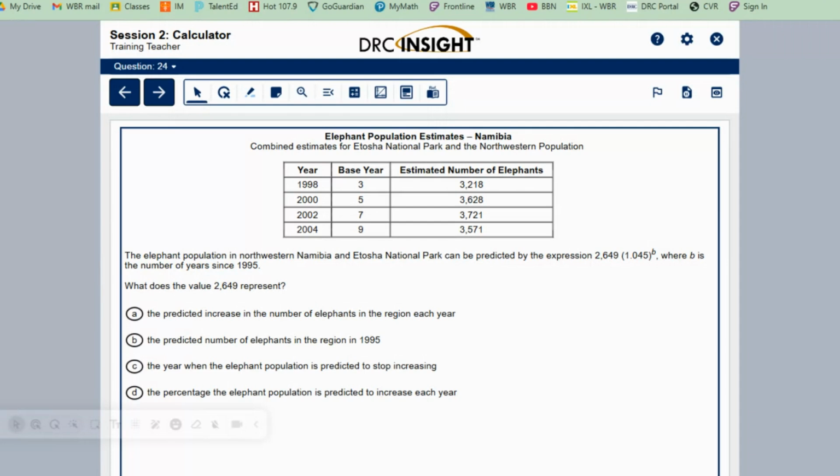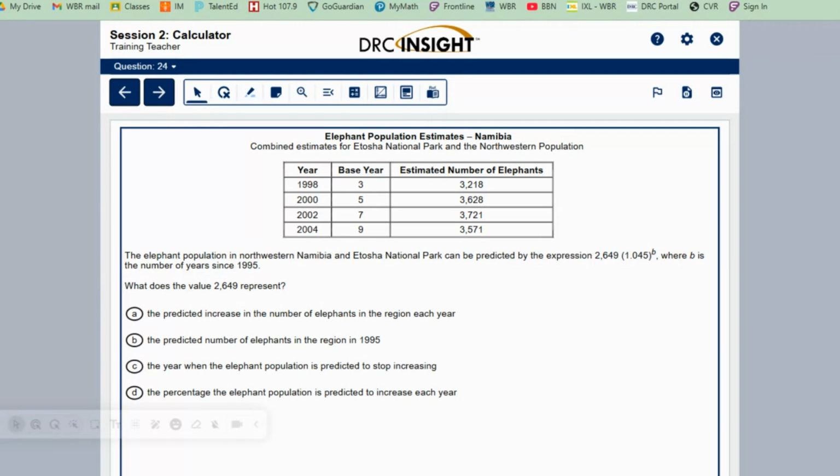It says the elephant population in northwestern Namibia. Oh wait, I read all that. What does the value 2,649 represent? So first of all, do you see where in this equation 2,649 is? Okay. The change is inside those parentheses that's being raised to the exponent.